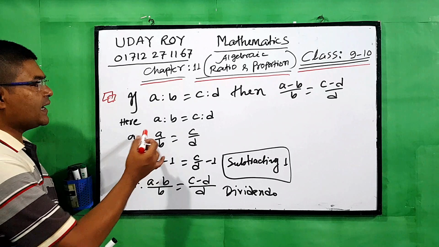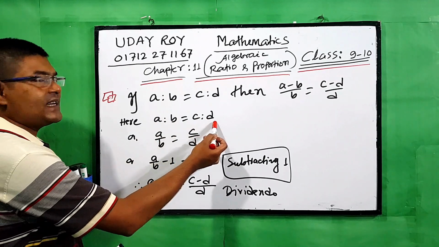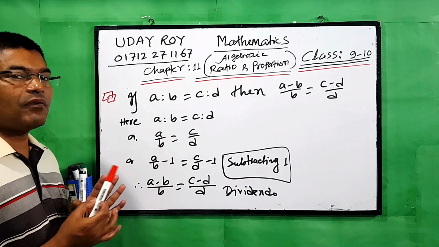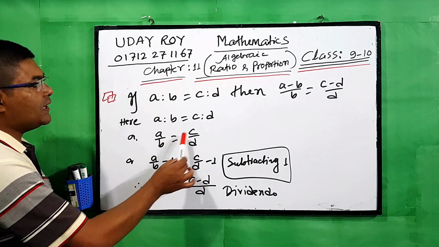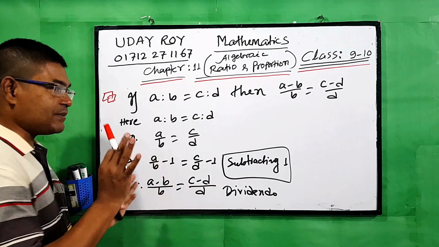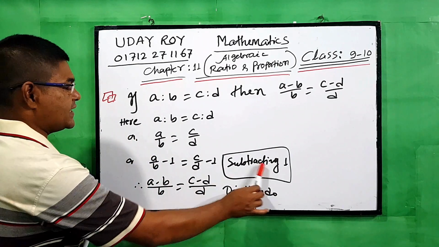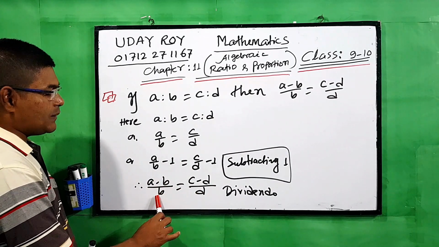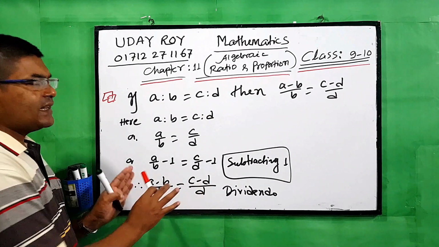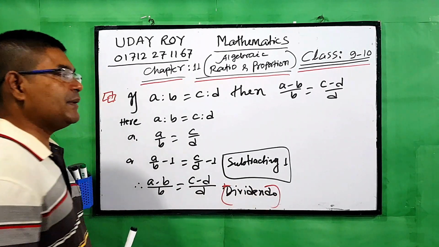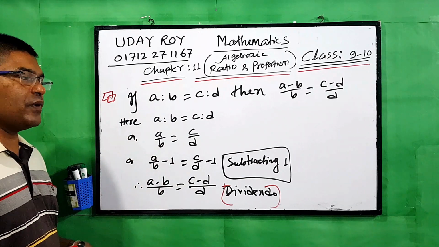Here A:B equal C:D. We can write ratio is one kind of fraction. So A by B, C by D. Subtracting 1 on both sides, we get A minus B by B, C minus D by D. This is dividendo. So we have learned dividendo and componendo.